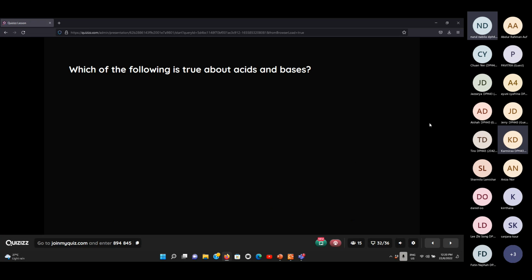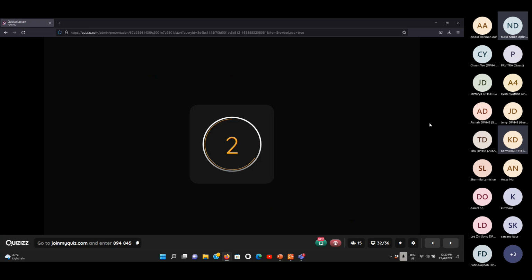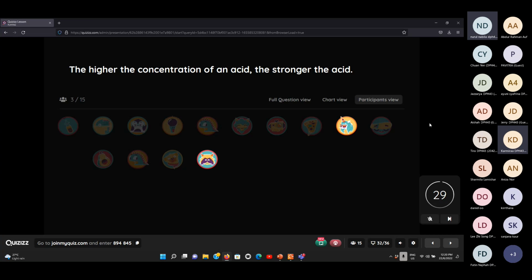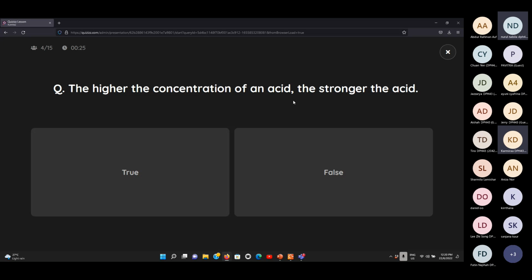Okay, last one, last question of the class for the semester. The higher the concentration of an acid, the stronger the acid. Betul ataupun salah? So kat sini, it's a bit of a tricky question. So kalau kamu baca betul-betul, you'll get the right answer. Remember balik the definition of a strong acid tu apa?